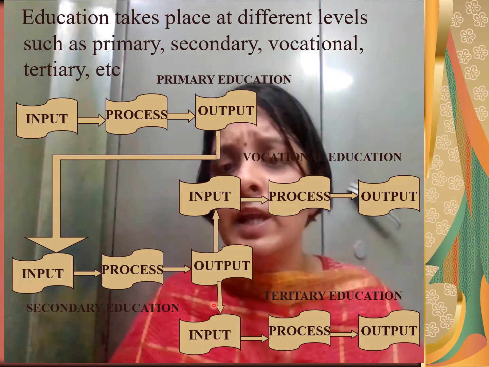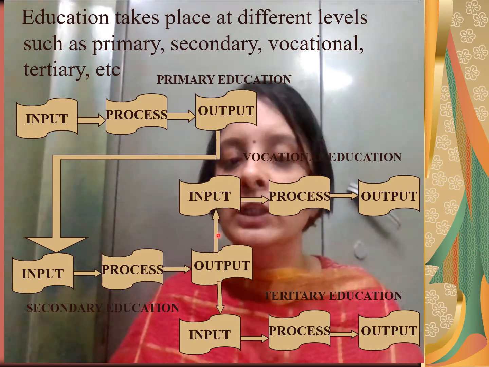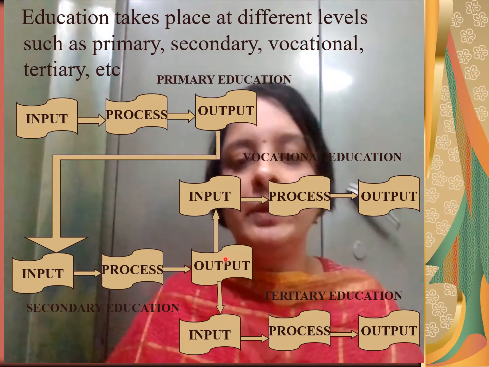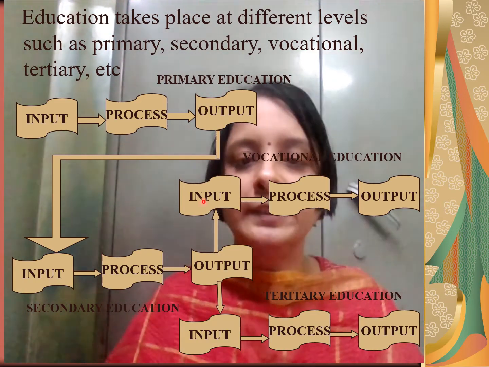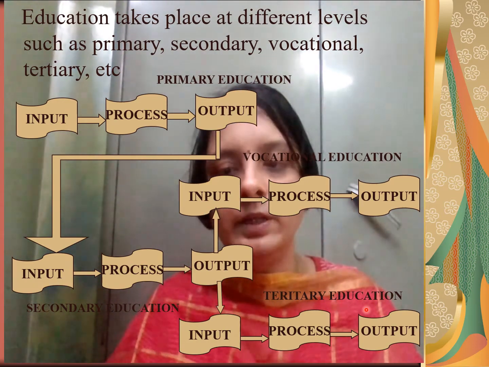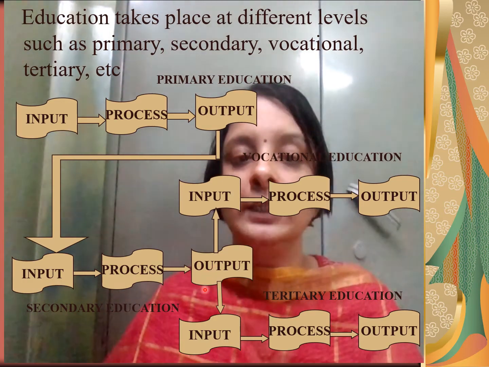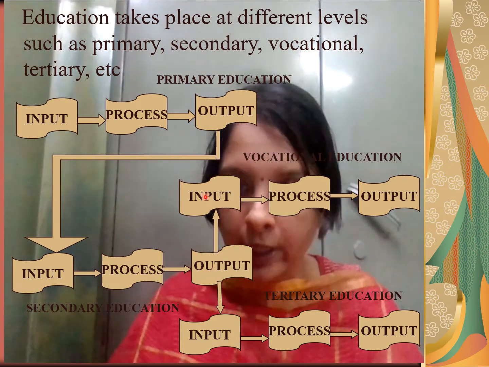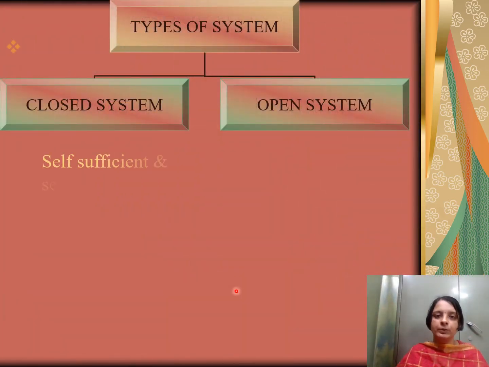The child may go for the degree, higher education, or he may go for vocational education. So depending on the child's interest and his aptitude, attitude, skills, and knowledge related to the subject, he will decide whether he needs to go for vocational education or tertiary education. Now, the output of secondary education will be the input of vocational education, with process and output.